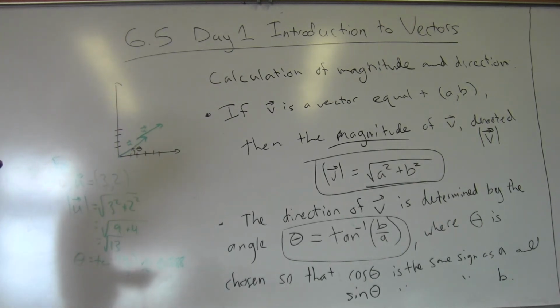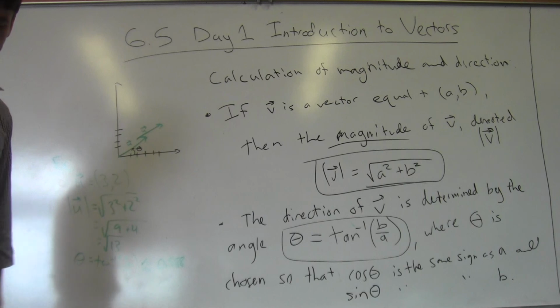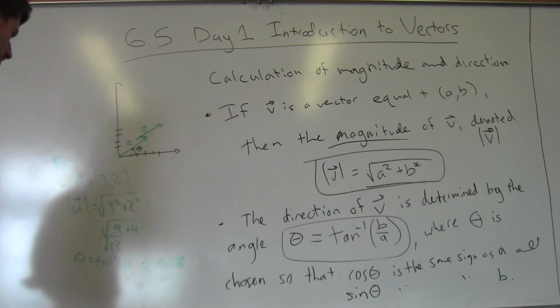Is that right? 2/3 inverse tangent, 0.588. Sweet. Yeah. Okay.